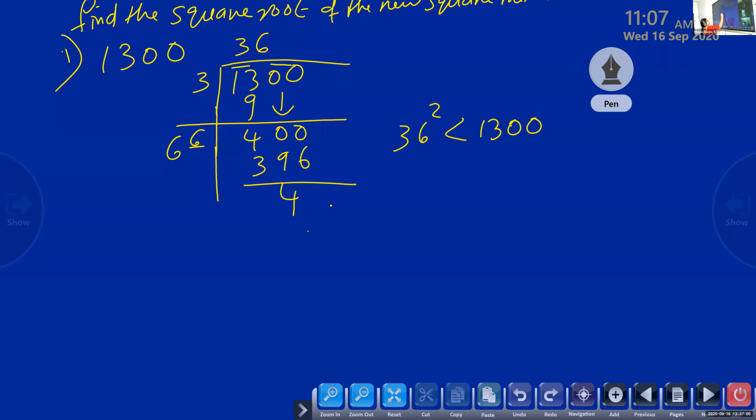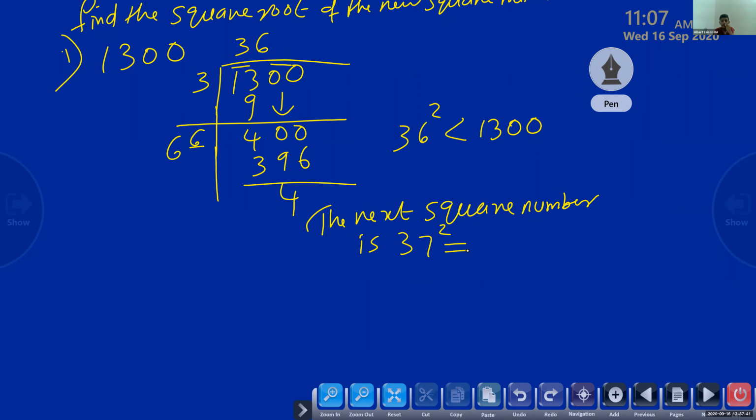So the next square number is 37 square, and it is equal to what? Multiply: 37 square is equal to 1369.